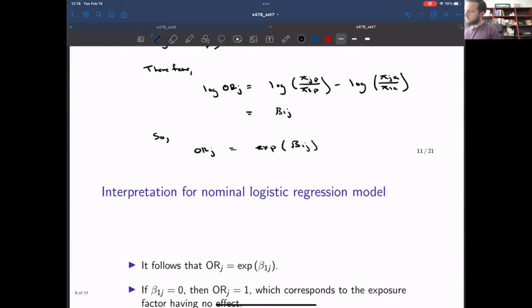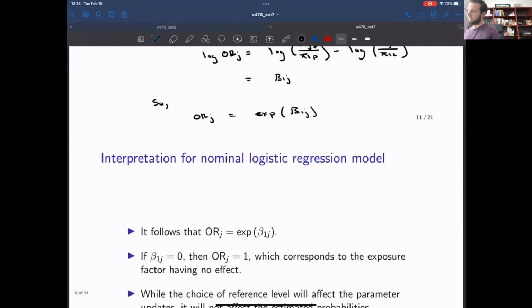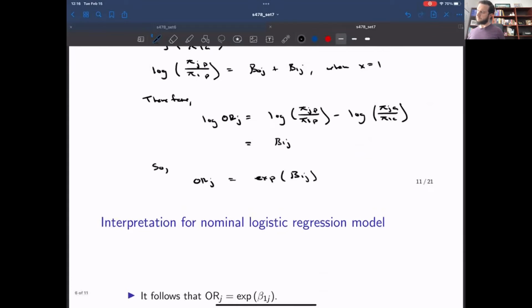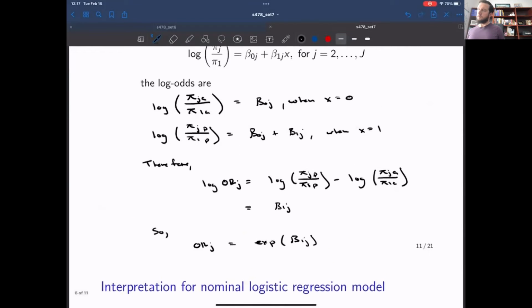So the odds ratio for the jth category is equal to the exponent of beta 1 j. Okay, so we can compute the odds ratio comparing the presence of an event in the jth category to the presence of the event in the first category simply by exponentiating the corresponding coefficient.